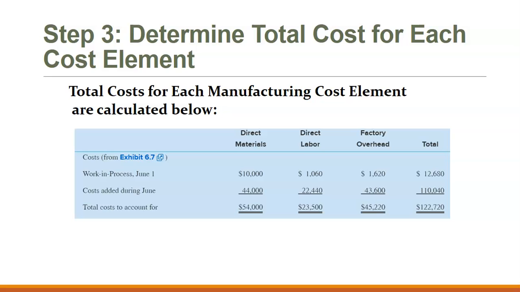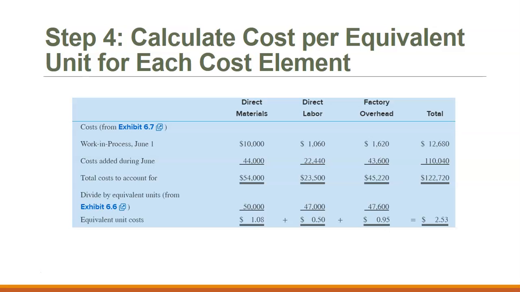We calculate what the equivalent unit of production cost is per unit, and then allocate those costs to the work that was transferred out and the work that we still have in process. So we divide each amount of the cost by the total equivalent units, giving us a total per unit cost of $2.53 for the units that were processed during the month of June.